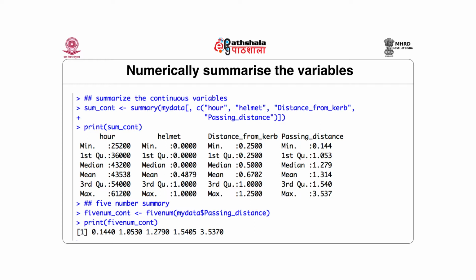Because we could probably know that passing distance is a truly continuous variable. If you take a look at the minimum, the maximum, the third quartile, the first quartile, the median, the mean, it is quite obvious that this follows a pattern of a plausible continuously distributed variable, but the others do not.